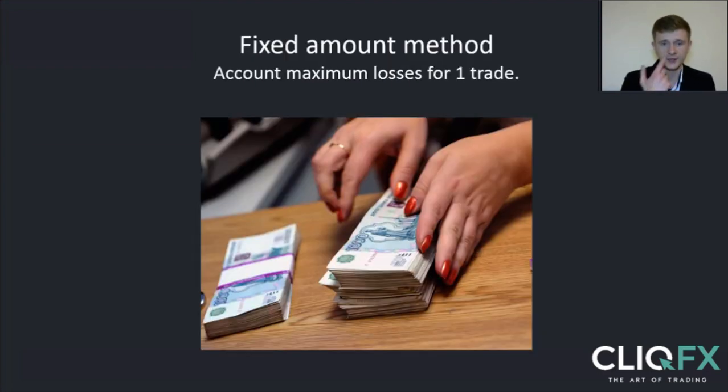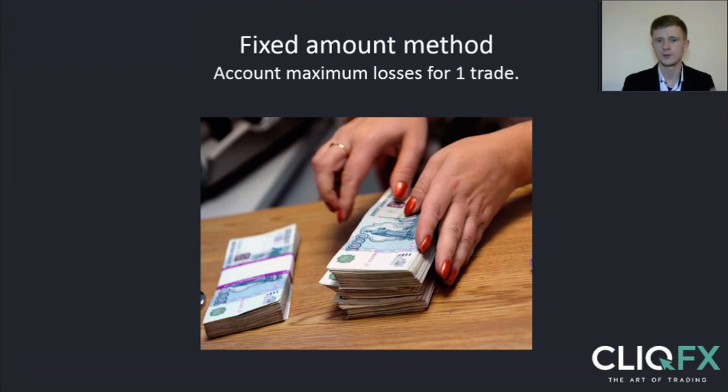Another one is the fixed amount method. How it works: for example, you have, let's say, $20,000, and you plan for yourself a $200 amount that you can lose at maximum in one trade. Based on this $200, you decide what the maximum stop loss is going to be, and based on the points for the stop loss, you understand what volume you will enter.